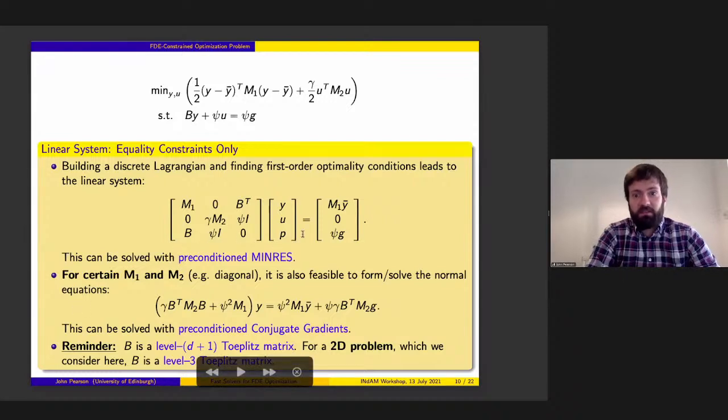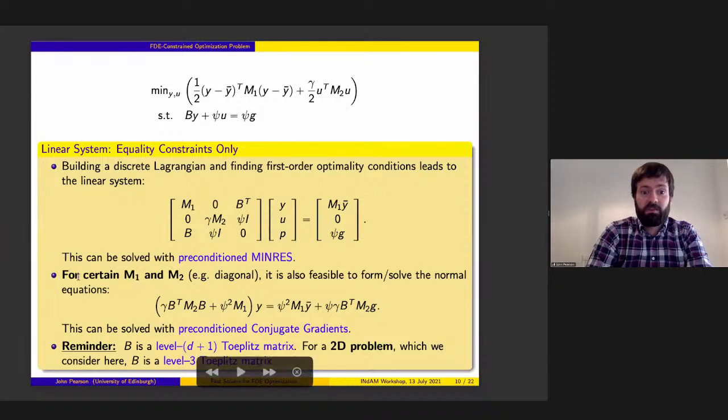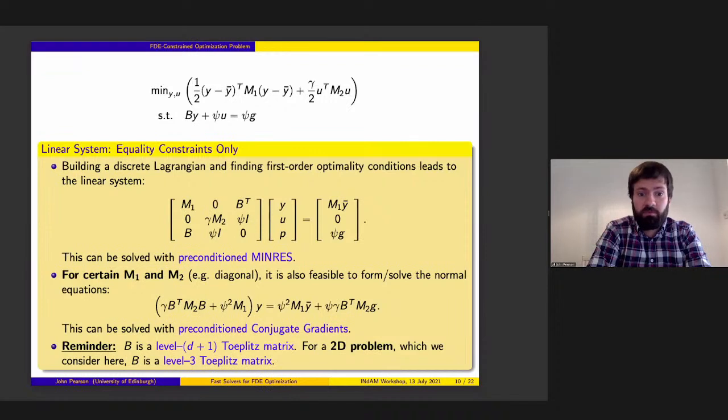This is a standard saddle point system obtained by taking optimality conditions from an optimization problem. So we can solve this using MinRes, the standard iterative method for symmetric indefinite problems, which is what this is. Okay, in certain cases, for example, diagonal M1 and M2, which we indeed have for this problem, they're positive definite diagonal matrices because they're a finite difference approximation of the integral terms.